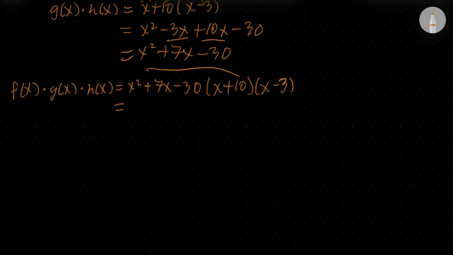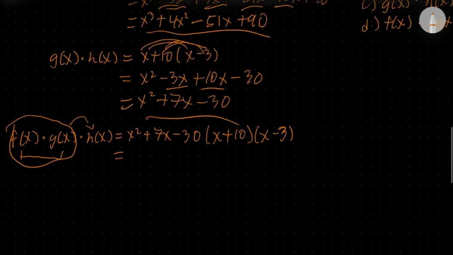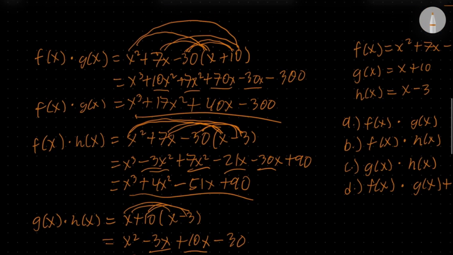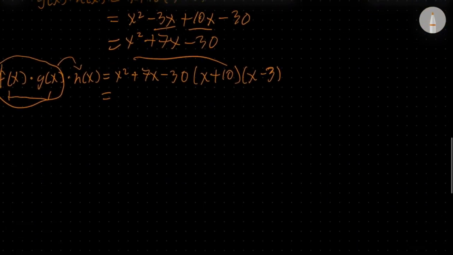To proceed with this problem, we are first gonna multiply f of x and g of x, and then multiply that product to h of x. Now we know that f of x times g of x is this one. Therefore we'll just plug this in.